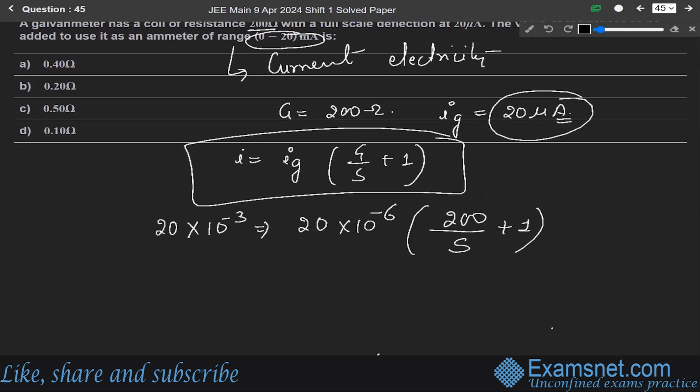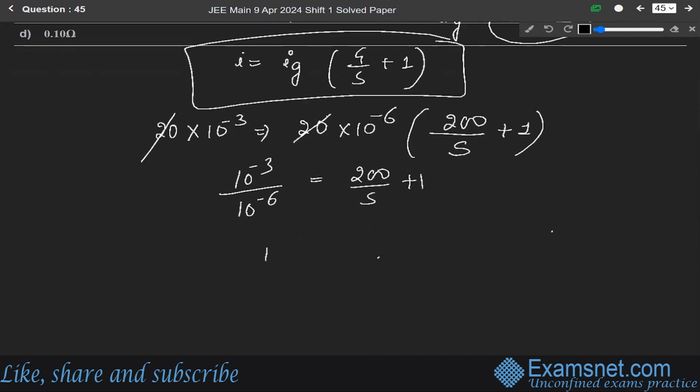Solving it, the 20 cancels out, so it will be 10 to the power minus 3 over 10 to the power minus 6, equal to 200 over S plus 1. So this will be 10 to the power minus 3 plus 6, which is 10 to the power 3, equal to 200 over S plus 1.